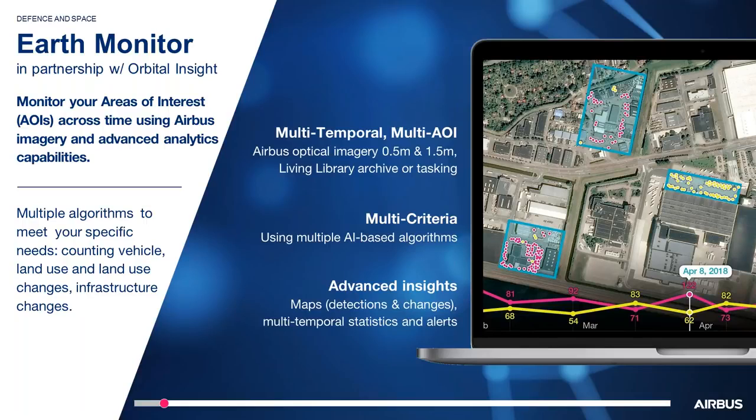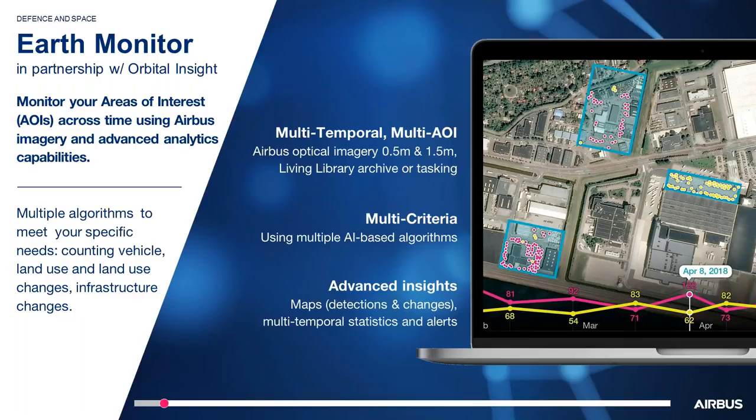At the bottom of the screen you can see two charts, two curves. The pink chart is the number of cars across time in the past, and in yellow is the number of trucks across time. So for example, in March, you can see here we have 92 cars and 54 trucks.